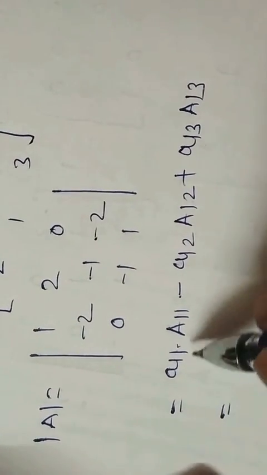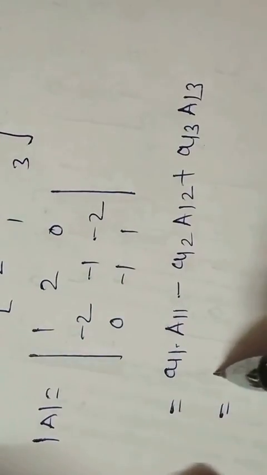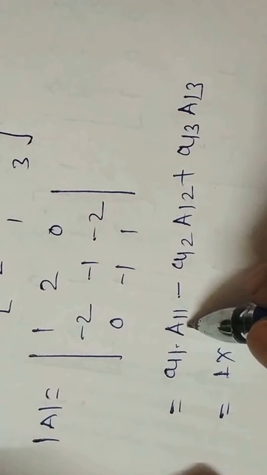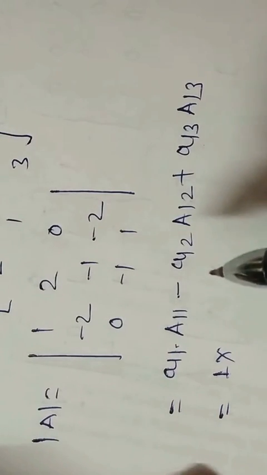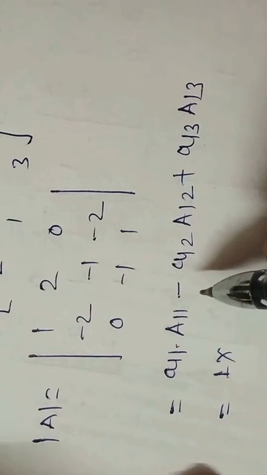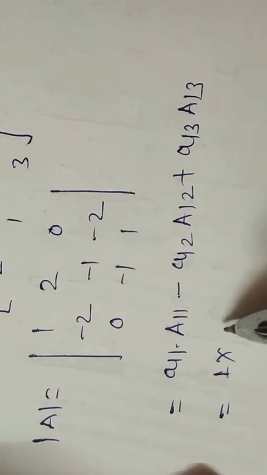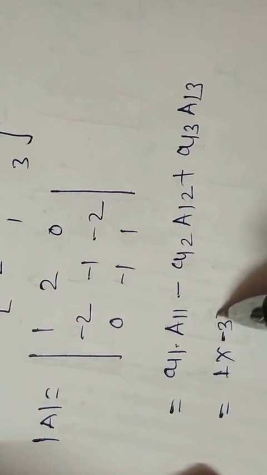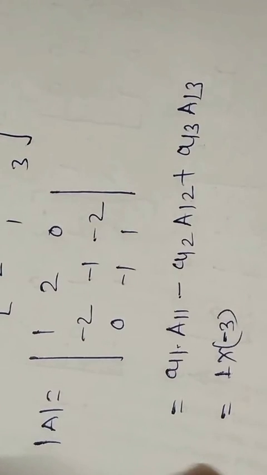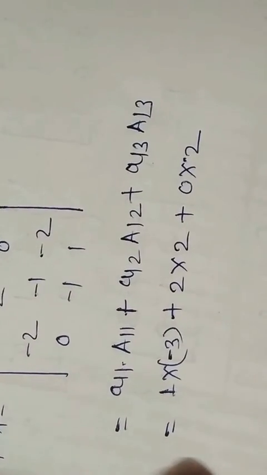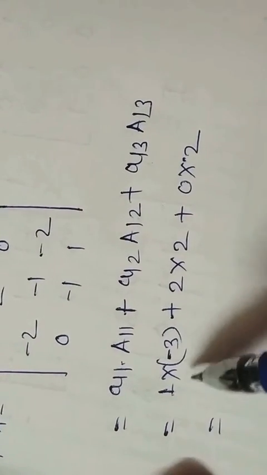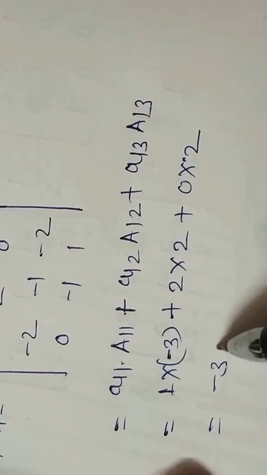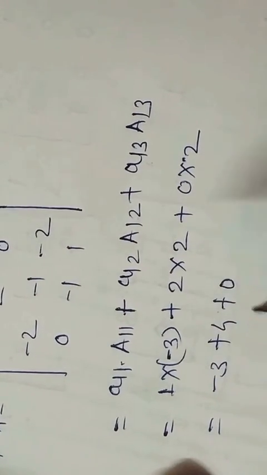So put A11, that position is 1, into cofactor of A11, which is simply minus 3. With the minor also, that value we can put as 1 into minus 3, then 4 plus 0.